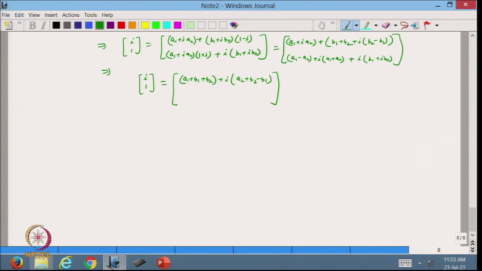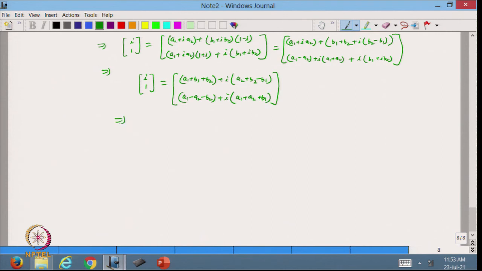Similarly, I can define the real and imaginary parts of the second. It will be a1 minus a2 minus b2, plus i times (a1 plus a2 plus b1). So, I get this value.